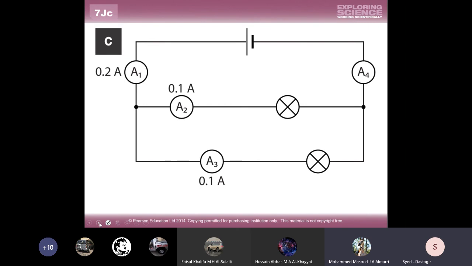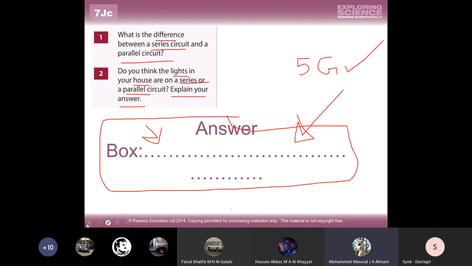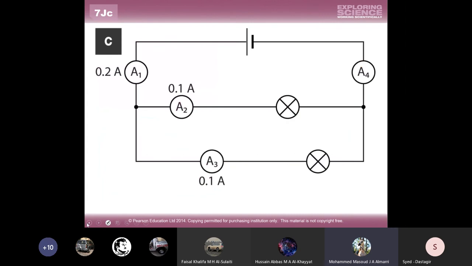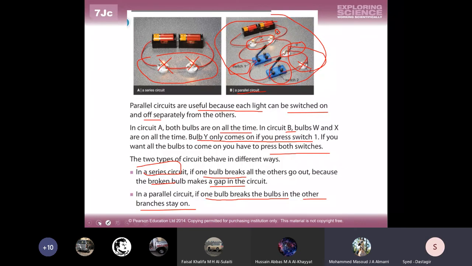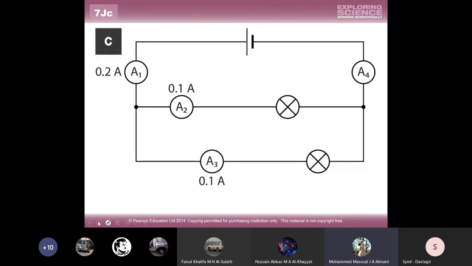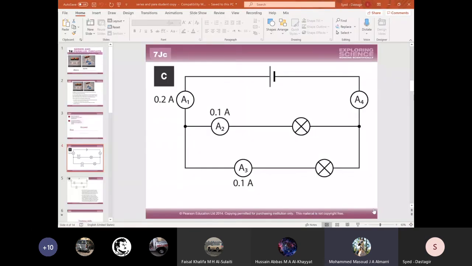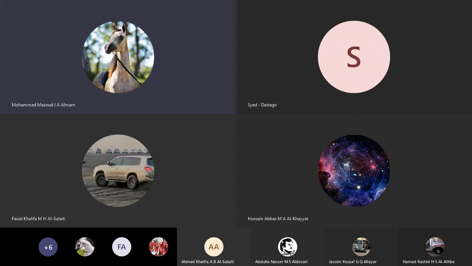He said in the first question that in the series circuit, if there is one light broken, the other will not work. Oh, you said parallel. In the parallel, if there is one bulb, the glass which covers the light, if it breaks, also the other bulbs will still be lighting up.